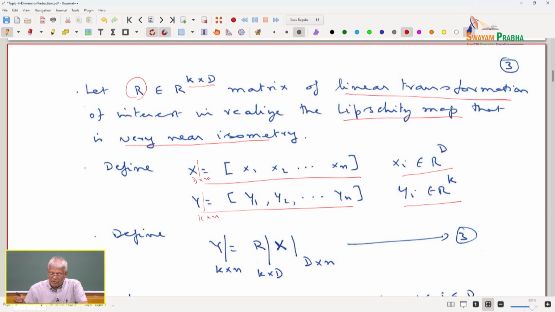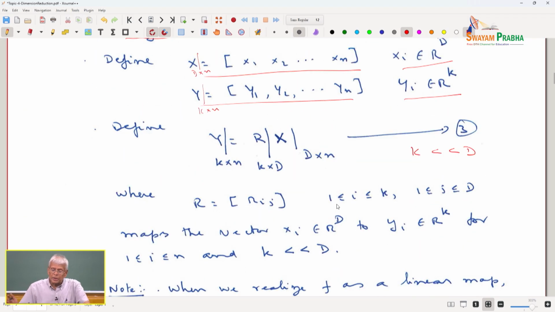The dimension gets reduced because K is much less than D. Our objective is to quantify how small K can be in order to be able to achieve near isometric embedding. So I'm going to express Y as R times X. So K by N is equal to K by D, times D by N.